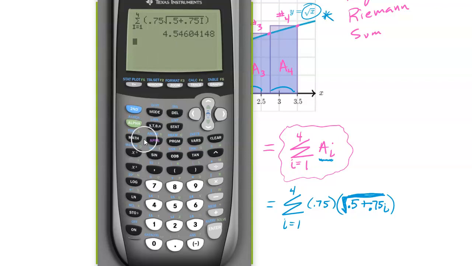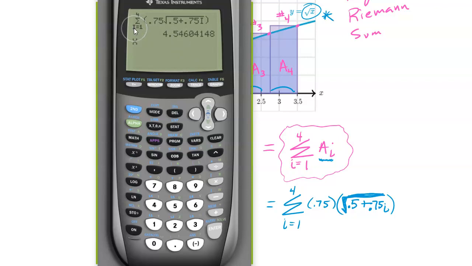Okay. If you want the I, hit the alpha key. The alpha key is just to unlock the alphanumeric keyboard. But basically, you'll notice all the letters are written in that same color, and so the I is the one above x squared. And you don't have to use an I. You can just use this button that says X, T, theta, n. You can use an X, and it still works.